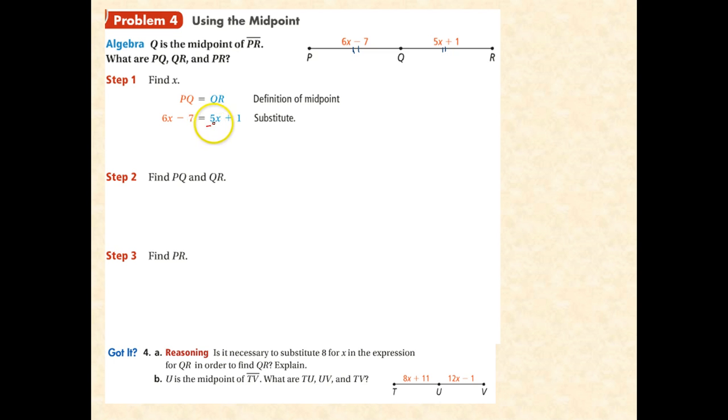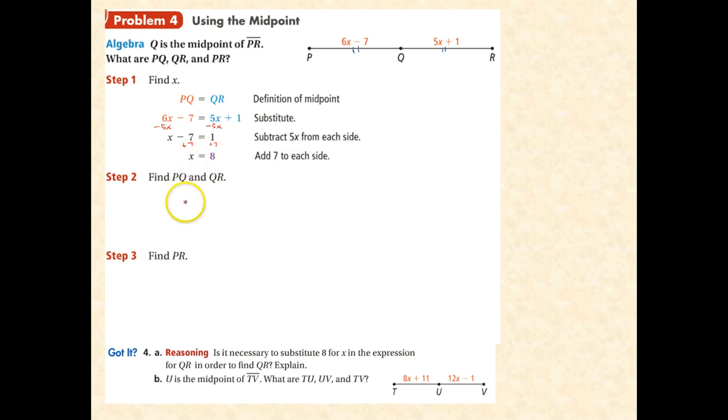Now I can subtract 5x from both sides of the equation, and I get x minus 7 equals 1. Then I can add 7 to both sides, and I get x equals 8. So I know what x equals now.